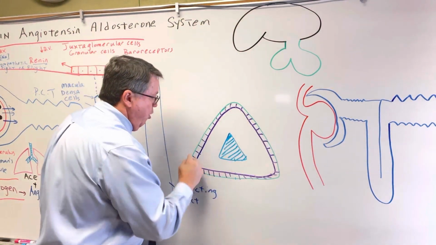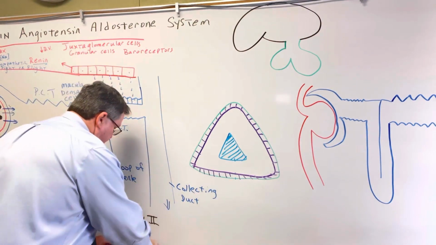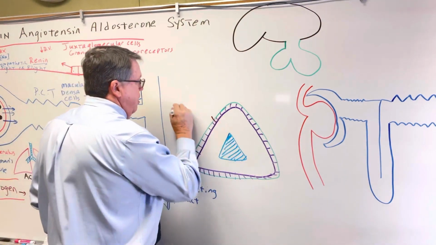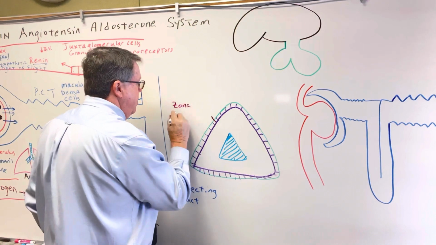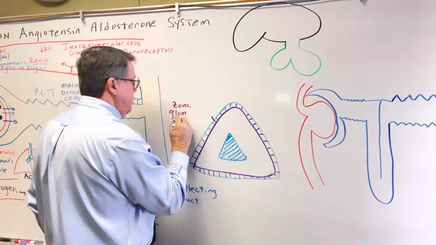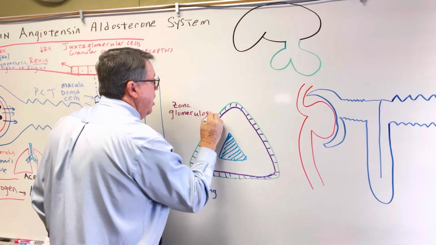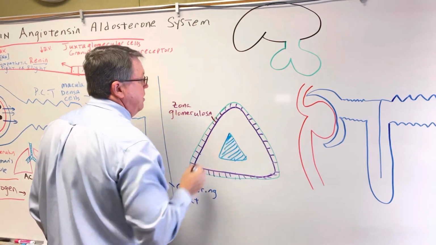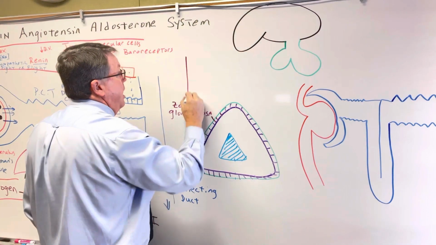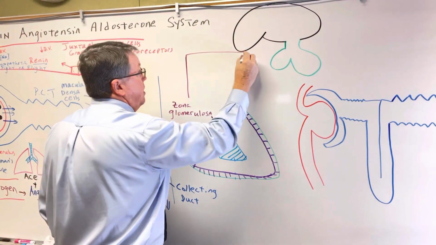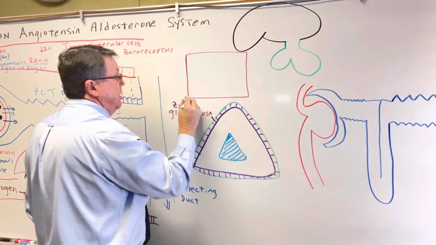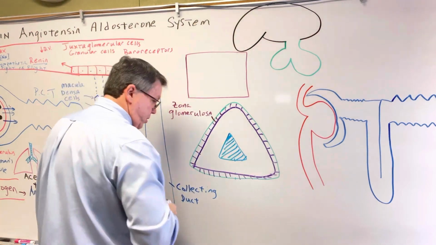If you see where this purple is, this area is called my zona glomerulosa. I'm just going to take one of these cells and enlarge it. So this is one cell from the zona glomerulosa.